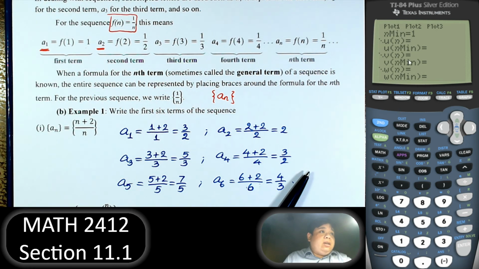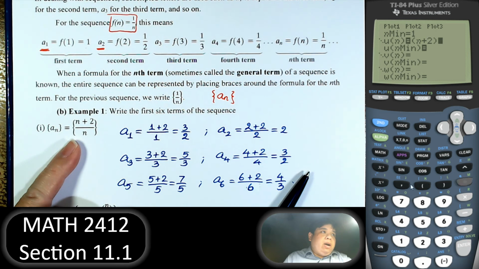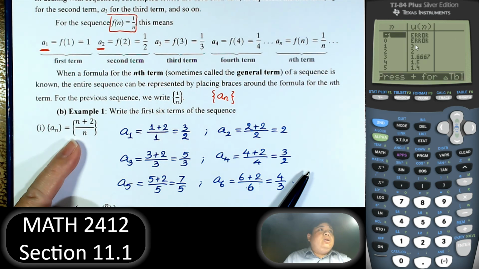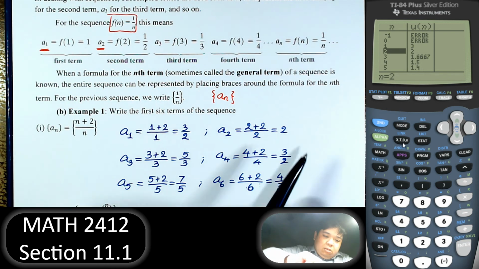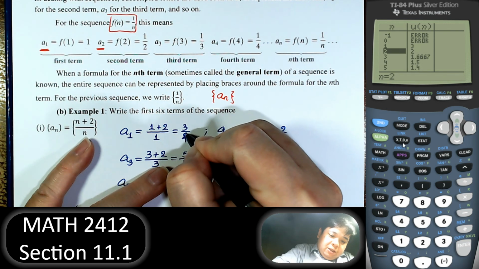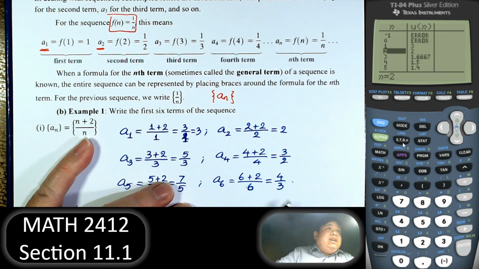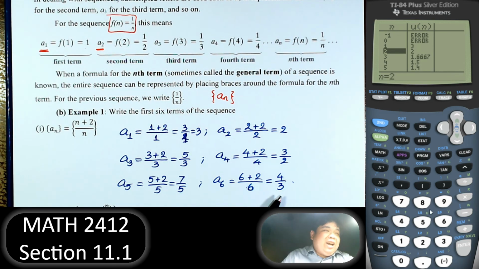Use u of n equal to n plus 2 divided by n, and we just go to second table. You'll see I can even do the simple math.